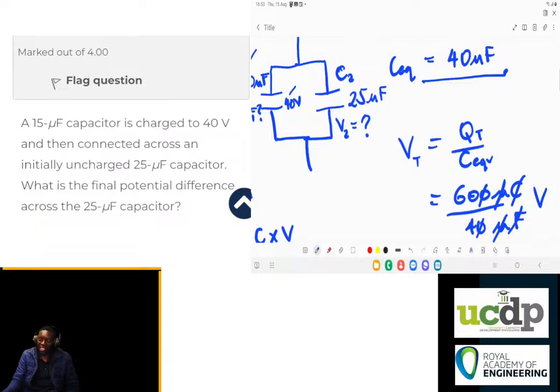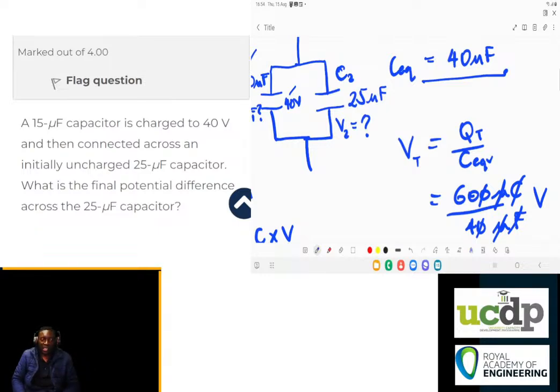This is a parallel connection. What is the first thing that you should remember about parallel connections? The voltage across parallel devices. If you connect devices in parallel, be they capacitors, even if they are different, what is common between those capacitors?